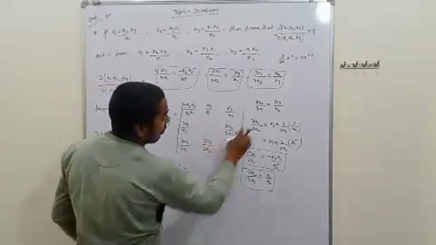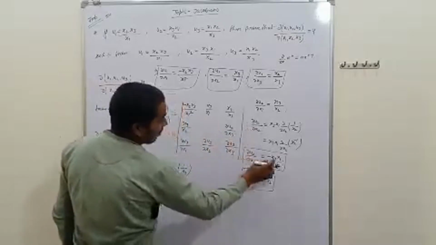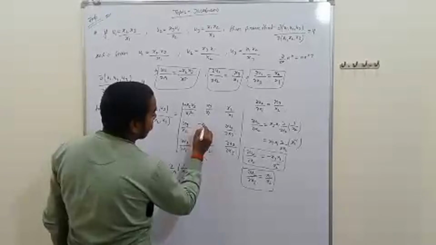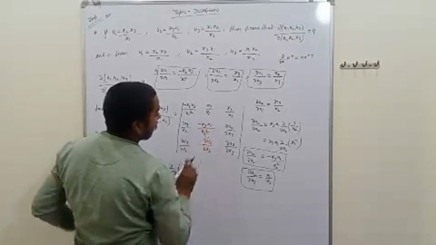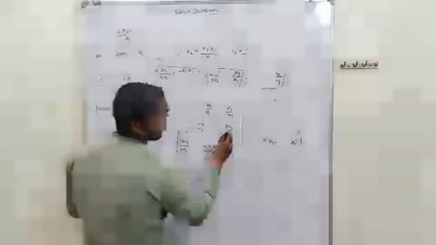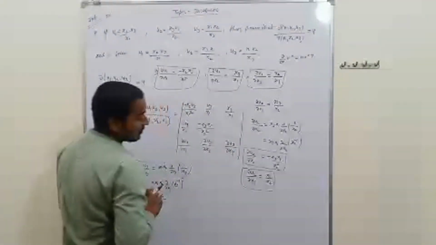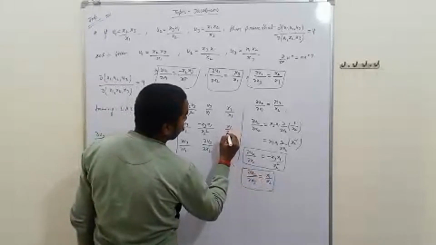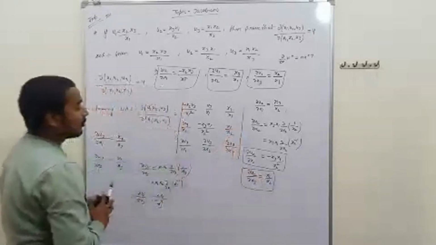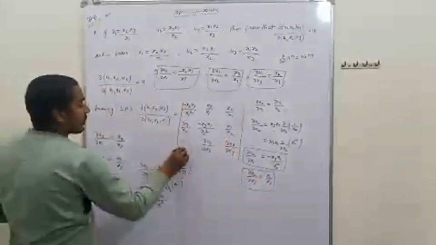Further we have to put del u2 upon del x2. Del u2 upon del x2 is given by minus of x3 x1 upon x2 square. Further we have to put del u2 upon del x3, that is given by x1 upon x2. Further we have to put del u3 upon del x1.